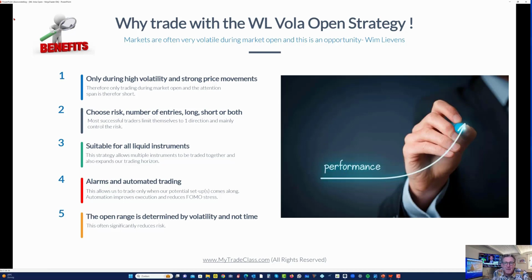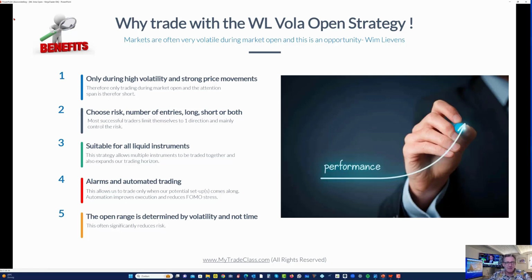Because it has a very, very strong money management system behind it. Also, the strategy is fully automated, so it runs on itself. Now, of course, if you combine it with some knowledge about market direction, market structure, which I will share with you later, then of course this becomes a very, very powerful tool.